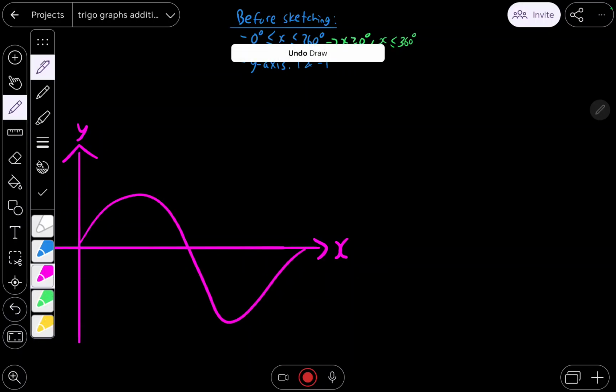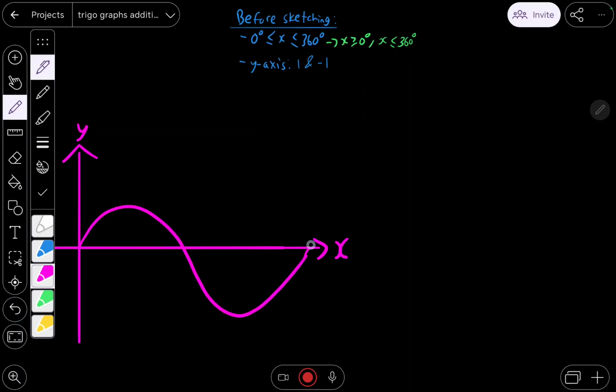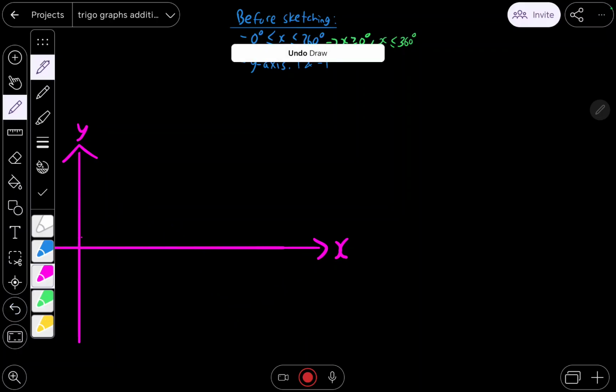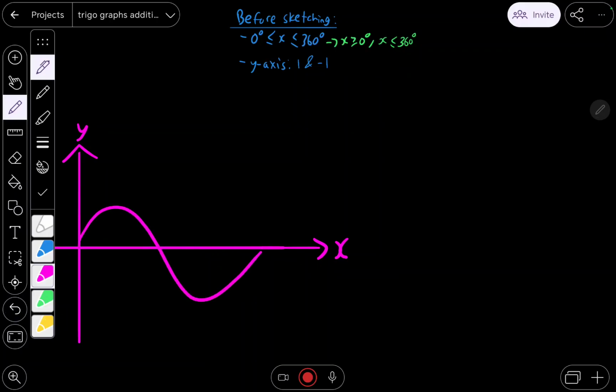You know what? Whatever. Okay, so basically, the shape will look like this. So this is a sine x graph. Okay, this is a sine x graph. Alright, y equals to sine x.